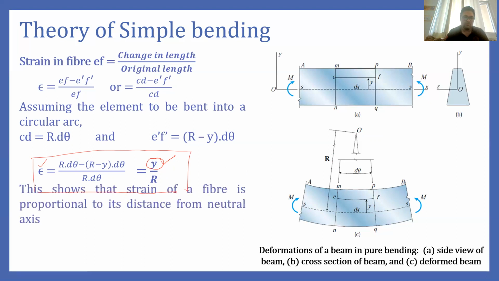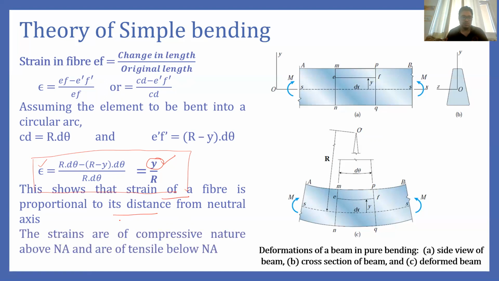So this shows that strain of a fiber is proportional to its distance from the neutral axis. We also know that above the neutral axis, the strain will be of compressive nature, and below the neutral axis, it will be of tensile nature. This is already discussed: below the neutral axis, the beam will be under tension, and above the neutral axis, the beam will be under compression.